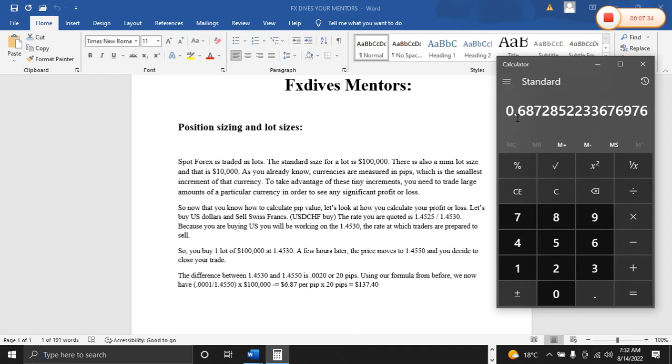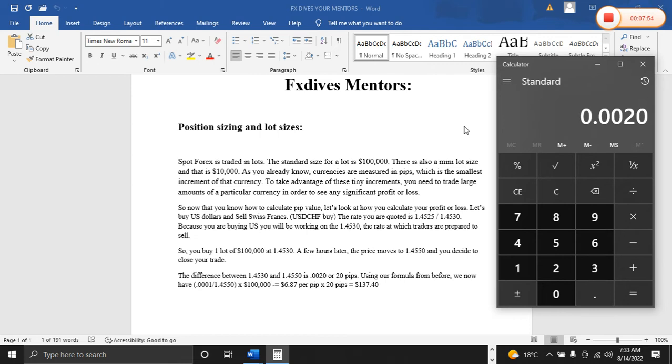Now $6 is the pip value of this particular currency pair per pip. Remember we calculated 20 pips, which was 0.0020.